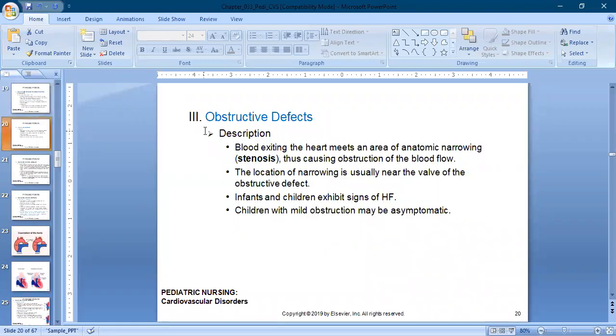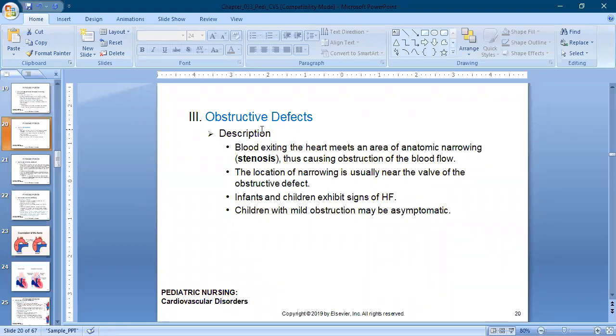Obstructive defect. Now, here, in obstructive defects, basically we talk about coarctation of aorta, pulmonary stenosis, and aortic stenosis. All of them are obstructive, meaning blood flow is obstructed, stopped.